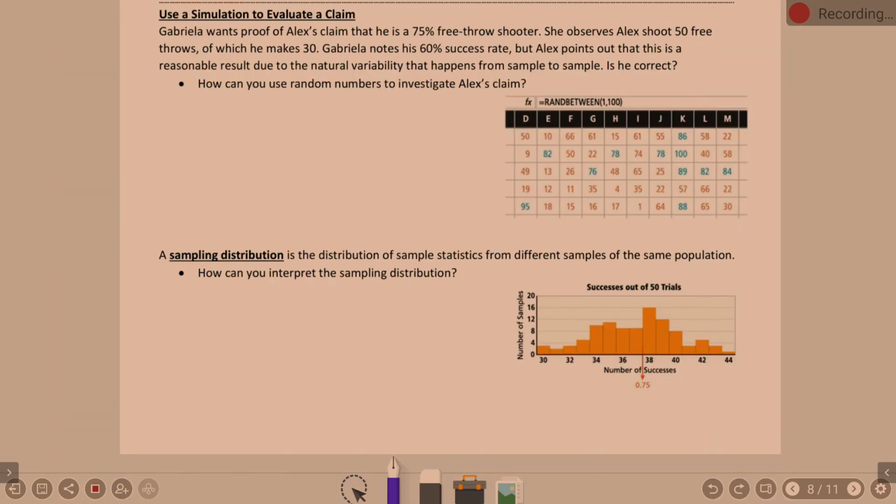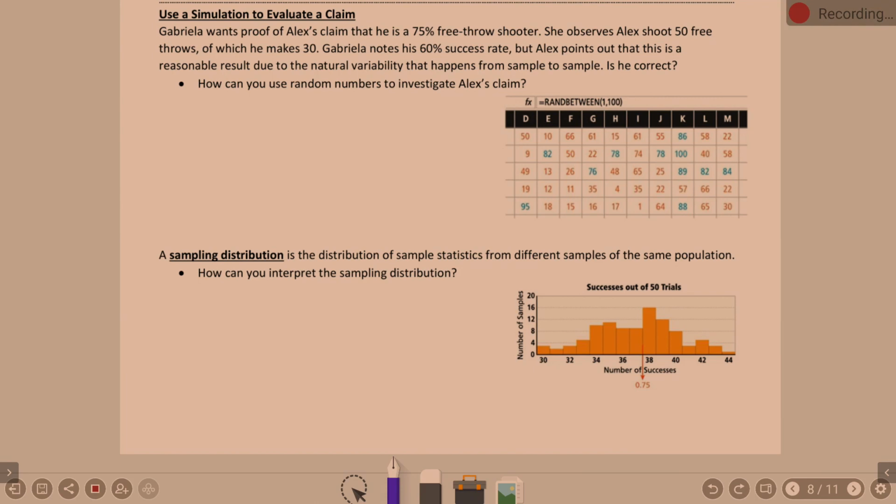The situation we were just looking at, Seth and Tia were able to go out and sample. They were able to get some data by talking to people. While that is sometimes the case, that is not always an option, depending on the scenario. With this scenario, we're going to talk about how you could use a simulation to evaluate a claim.